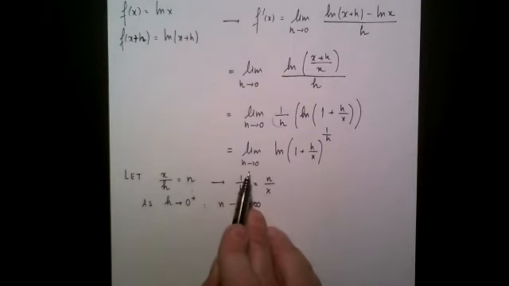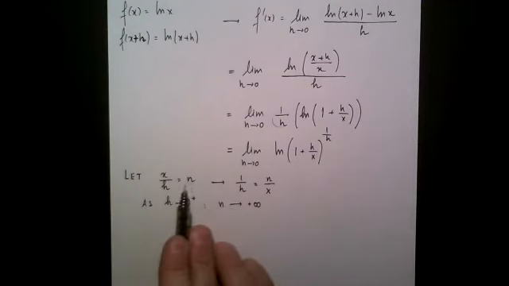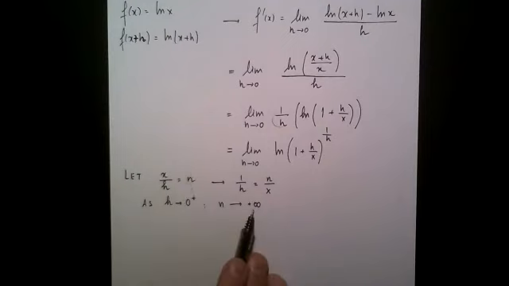We did something similar when we did the proof for the chain rule. Remember, we did k, when h approaches 0, k approaches 0. So the same thing here. If h approaches 0, then n will go to infinity, because h is very, very small, which means that n will be very, very big. Is this okay? Yeah. Would it work if we made h over x equal to n?